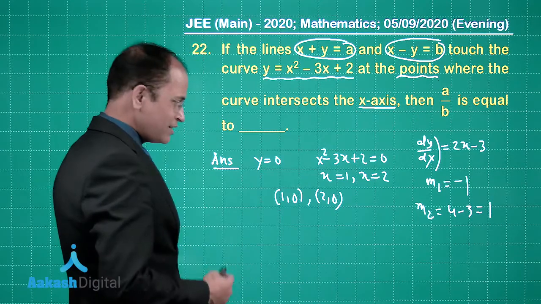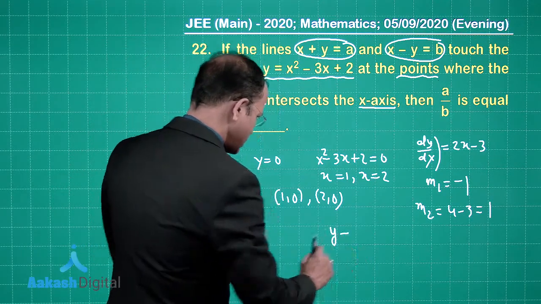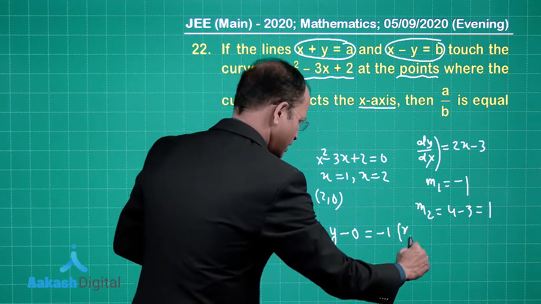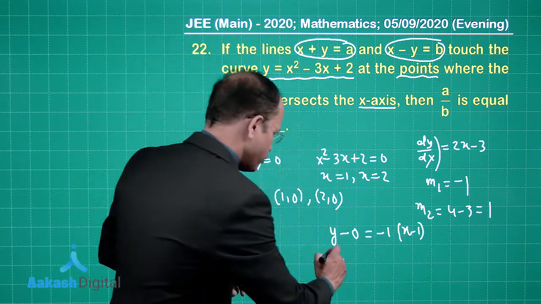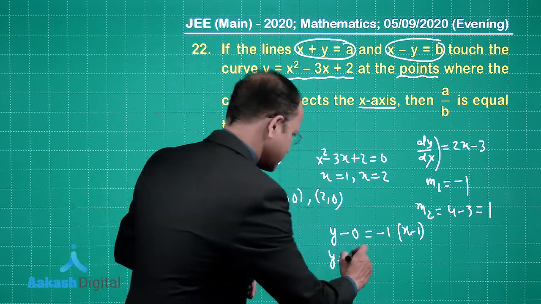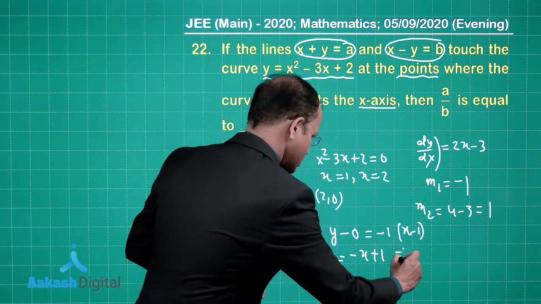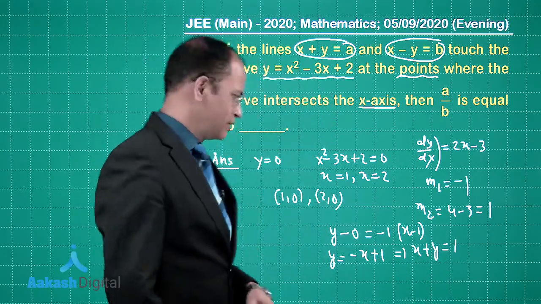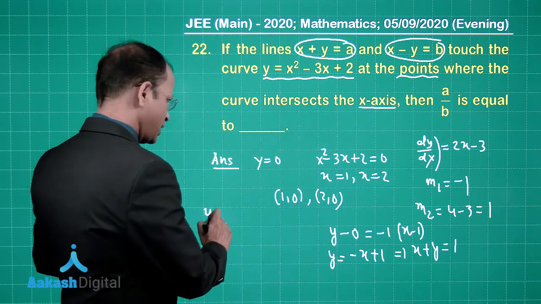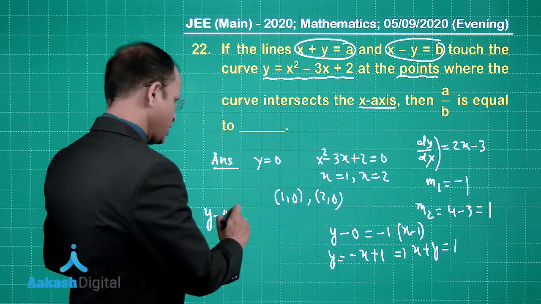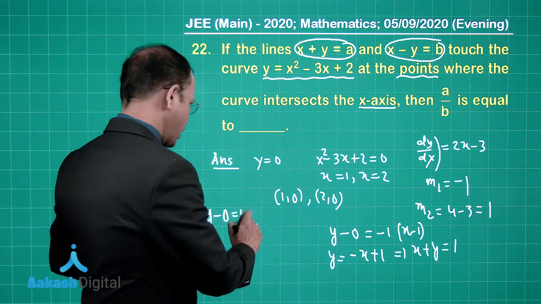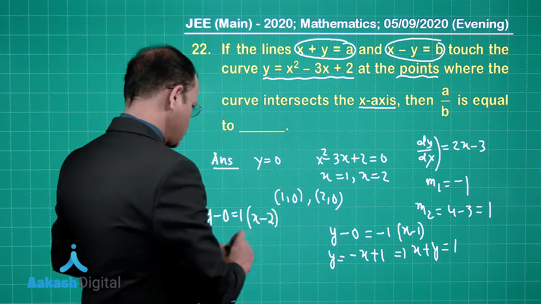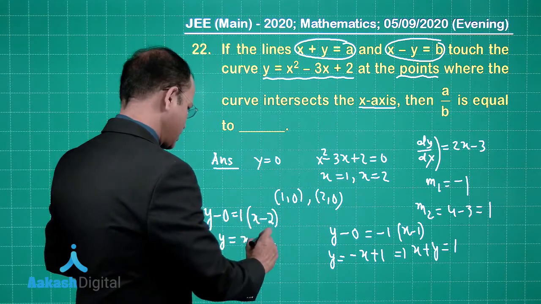Now let's get the equation of the tangent: y minus 0 at 1, 0, the slope is minus 1, and this is x minus 1. So y is equal to minus x plus 1, which is x plus y is equal to 1. Then the slope is 1, so for the next tangent we have y minus 0 is equal to 1 times x minus 2, which is y is equal to x minus 2.